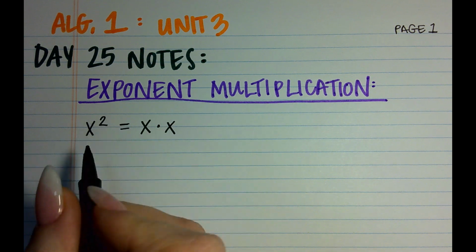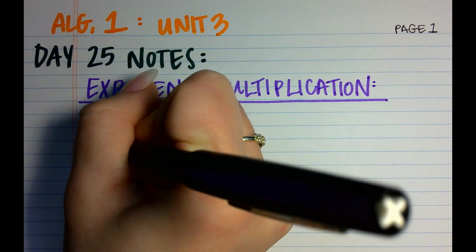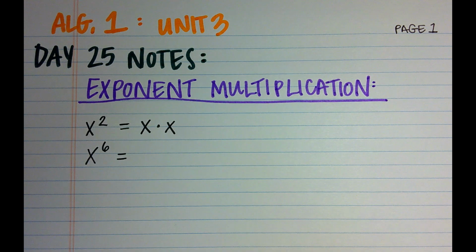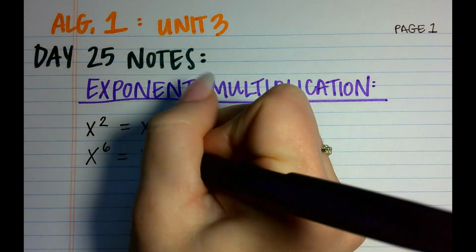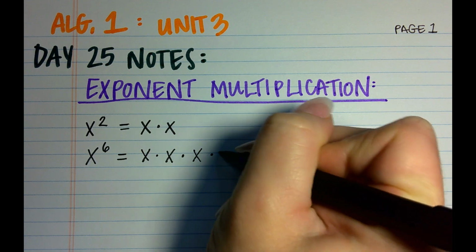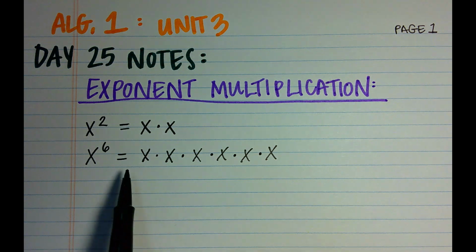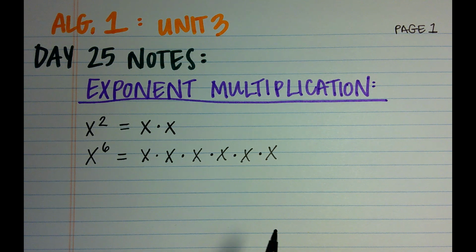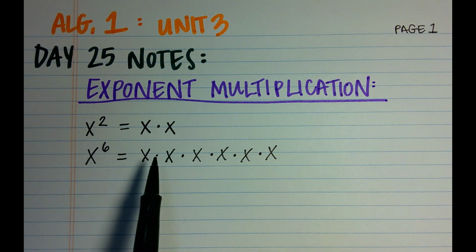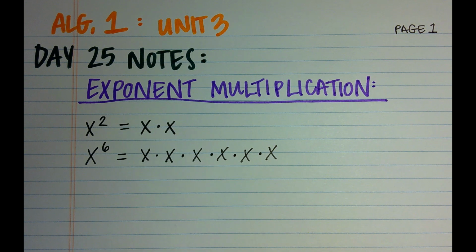So if I have x to the 6th power, how many times would I be multiplying x? Yes, 6 times. It would be x times x times x times x times x times x. That's all that this means. Whenever I am multiplying however many x's, that number of times I multiply becomes my exponent.